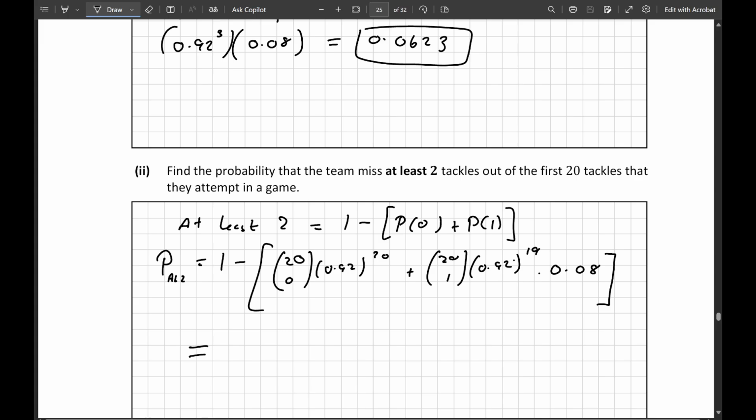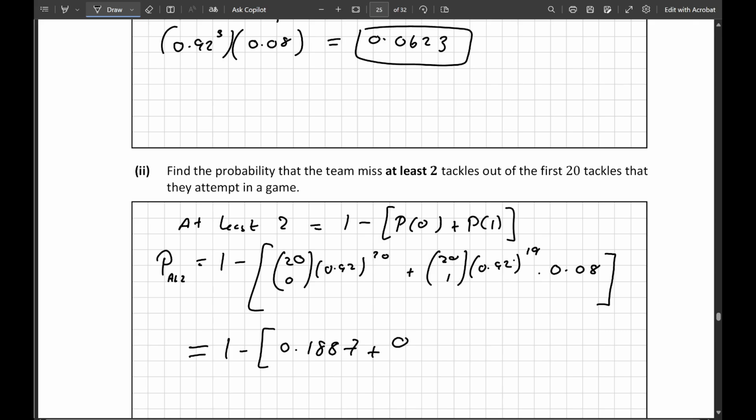What if I do it separately? So 20 choose 0 is 1. So 0.92 to the power of 20 is, well, for decimal places, it's just me 1 minus 0.1887 plus, and this one is going to be 20 times 0.92 to the 19 by 0.08.